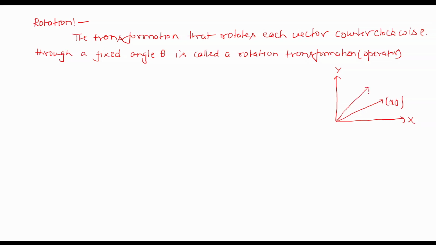You will get a new vector here, whose components are (x', y'). Then the transformation that transforms (x, y) to (x', y') is called a rotation transformation. Now, how to define this (x', y') in terms of (x, y)? Because (x, y) is known to you.